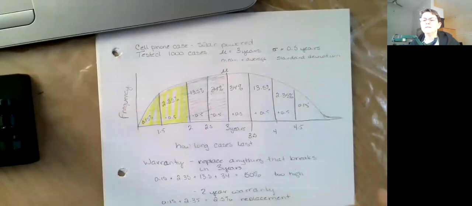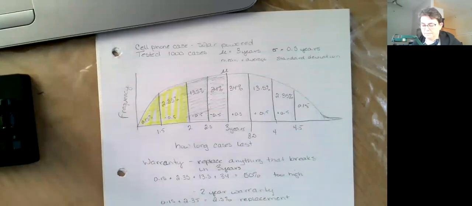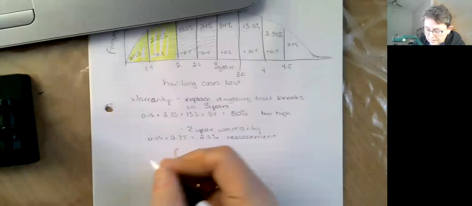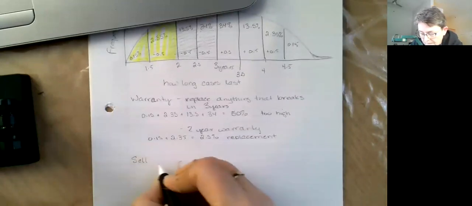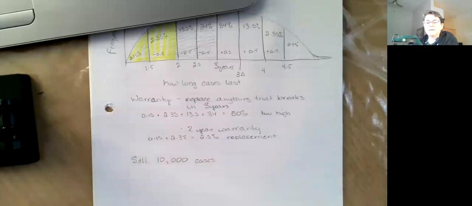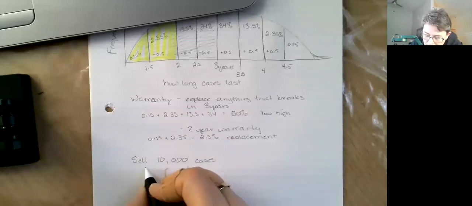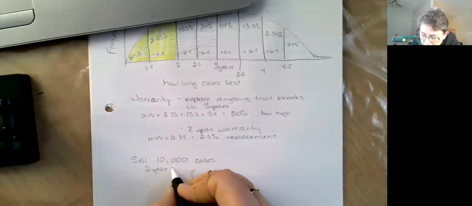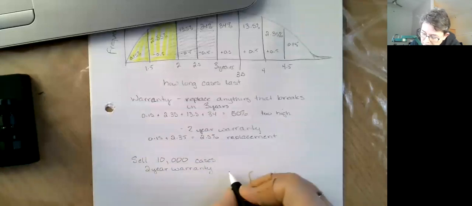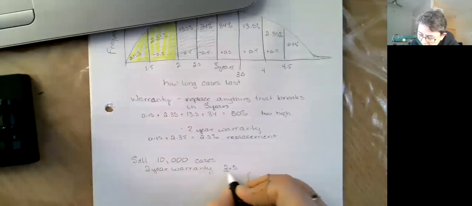So let's just put this in perspective. Let's say I have an amazing first few months. Let's say we sell, what do you think? This is pretty impressive for $49.95. 10,000 cases. Okay. If I do a 2-year warranty, that means 2.5 divided by 100.